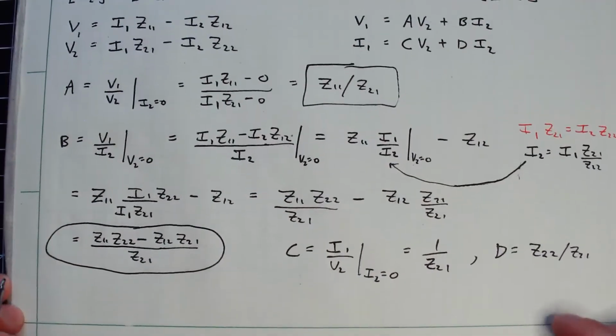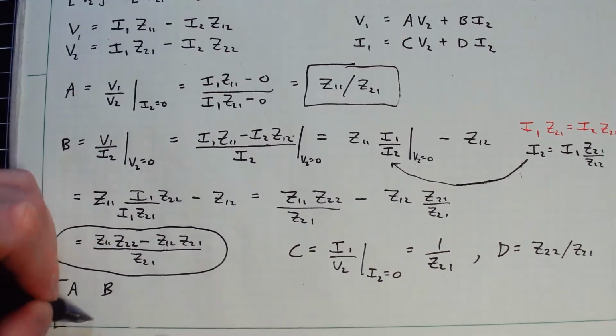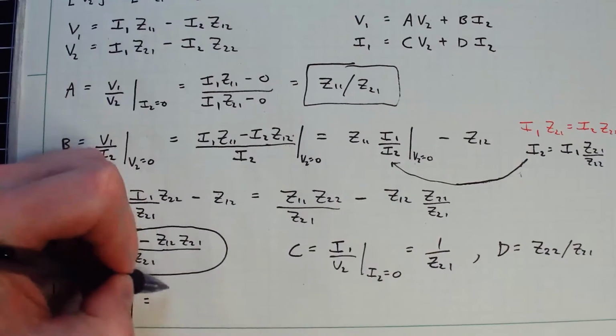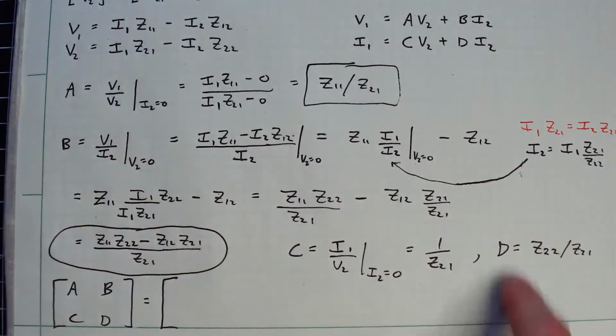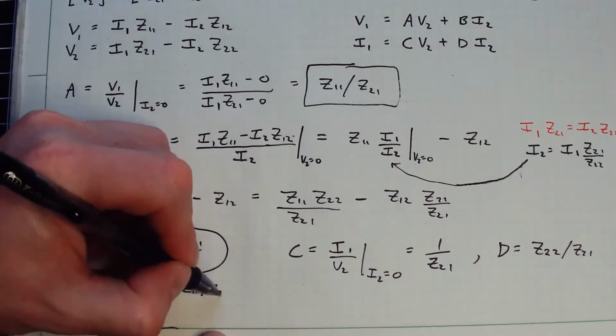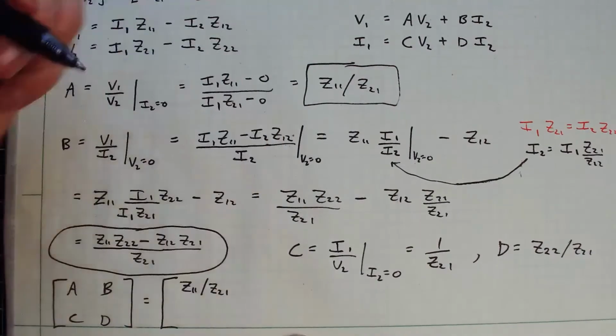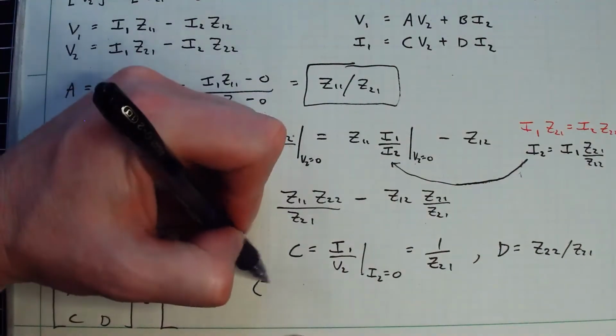So let's see if I can squeeze it here at the bottom. We'll have something like this. A, B, C, D is equal to, and I get the following matrix. I'm just going to plug in Z11 over Z21. And then I'll get a B, which is this guy over here. So this is the big yucky one.